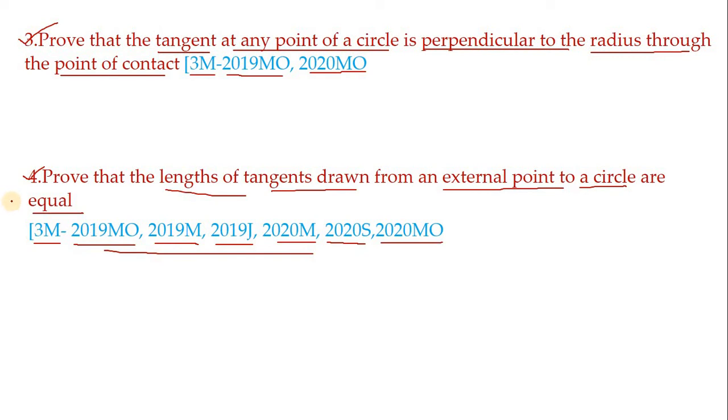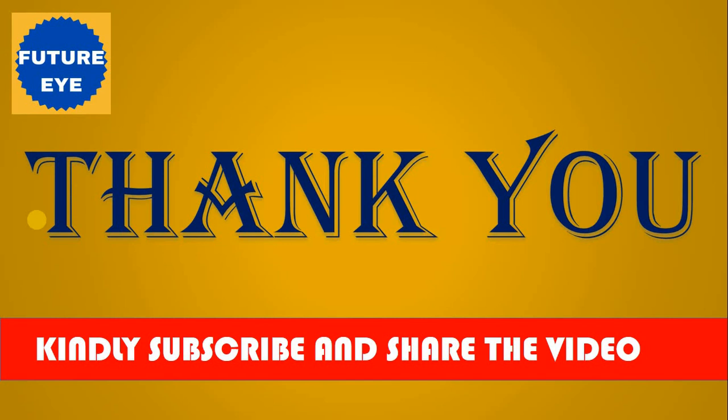In this chapter you have only 2 theorems. Definitely every year there will be one problem, one theorem from these 2 theorems itself. Hence practice these 2 very well. So definitely in the upcoming examination also you will get one theorem from this, children. And there are not many problems from this chapter. So here I have completed the problems which they asked in previous year papers.